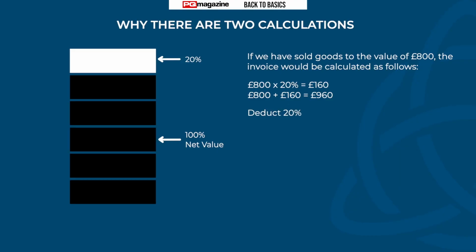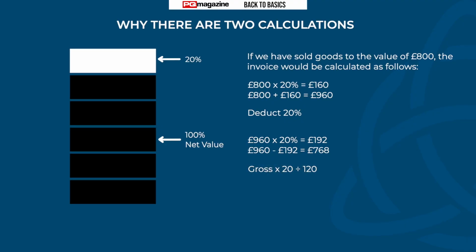Next, we'll just deduct 20% from the gross total. £960 times 20% equals £192. £960 minus £192 equals £768. We can see that this has not given us the original net value, and this is because £192 is 20% of £960.